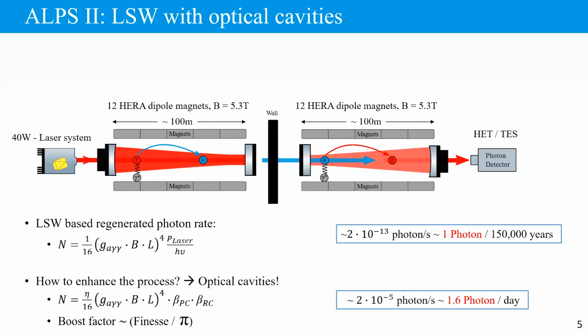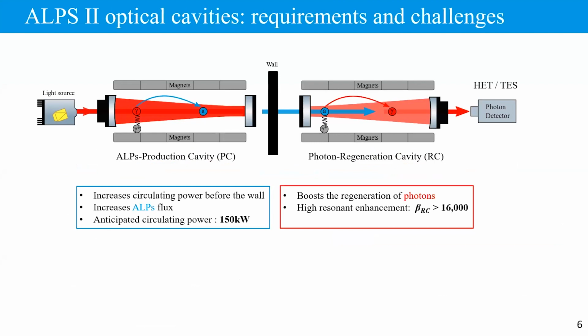Therefore, let's have a closer look at our cavities. The cavity before the wall we call the production cavity, and its main function is to increase the circulating power between the two mirrors, and thus to increase the ALPS flux through the wall.